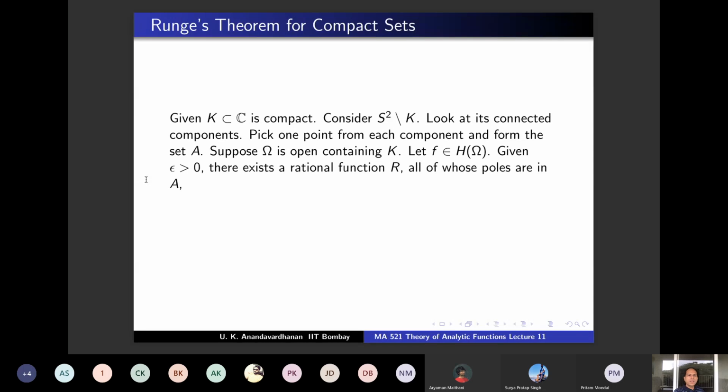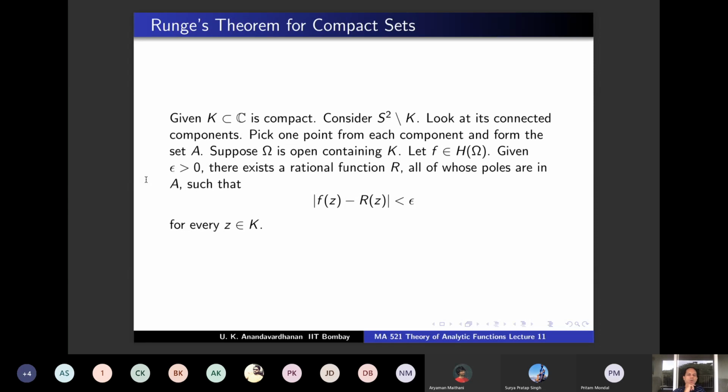All of whose poles are in this set A that you have given me. So you are giving me A by picking one element from each component, and there is a rational function with this prescription that all its poles are from A, such that it approximates f: mod f(z) minus R(z) is strictly less than epsilon for every z in K. So uniformly approximating on K, the holomorphic function on an open set containing K can be uniformly approximated by rational functions with this nice extra condition that its poles are prescribed.